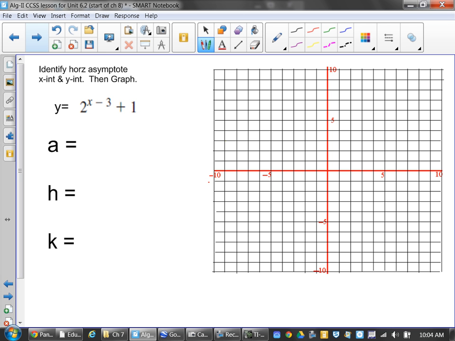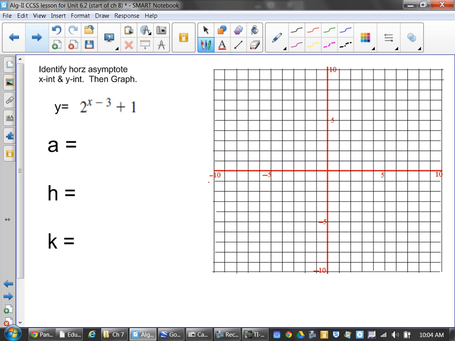So what is it? If it was 0, 1. Good catch. So let's look here. We've got y equals 2 to the x minus 3, all plus 1.